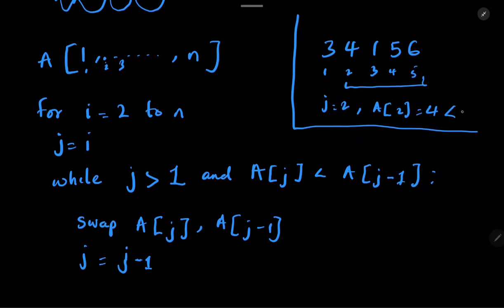Let's see whether it is less than A[J-1]. In this instance J is 2, 2 minus 1, that's 1. And A at position 1 is 3. So is 4 less than 3? No, 4 is greater than 3, so we leave it as is. We don't have to swap at this point.